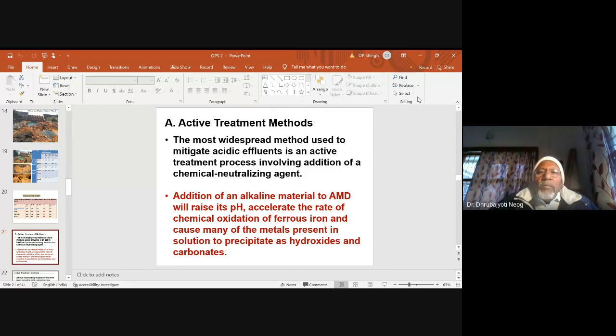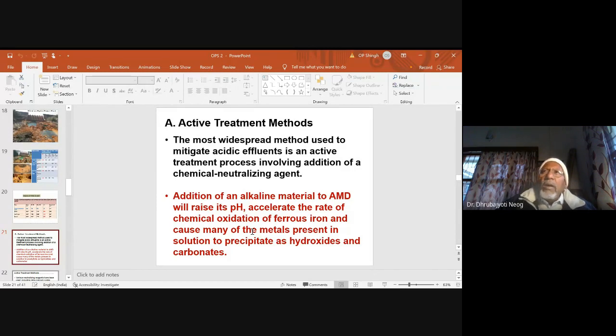So the most widespread method used to mitigate acidic effluent is an active treatment process involving addition of chemical neutralizing agents. Addition of an alkaline material to AMD raises the pH, accelerates the rate of chemical oxidation of ferrous ions, and causes many metals to precipitate.